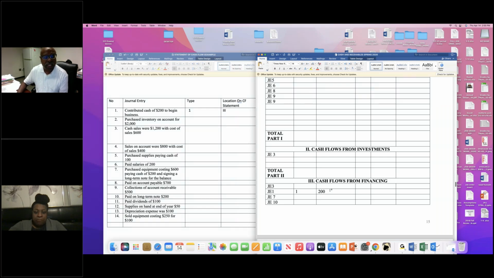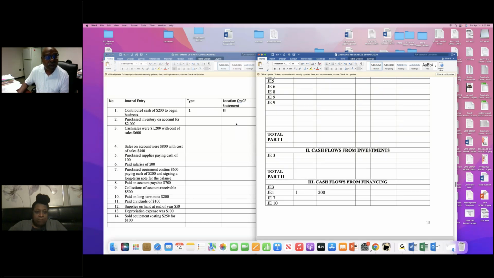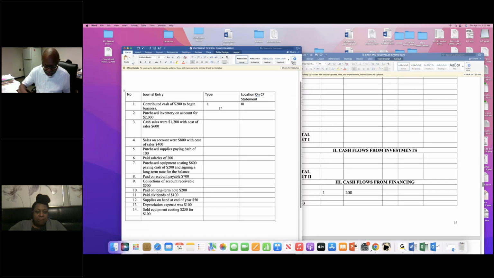What are we going to do for the second transaction? What type is it? What type do we have? Purchase inventory on account. That's type 12.